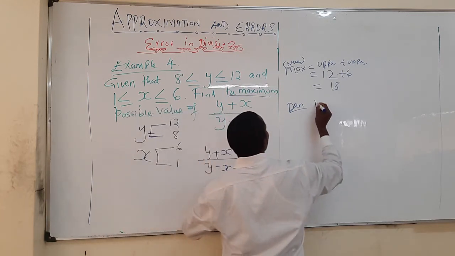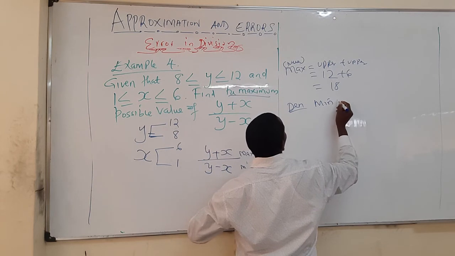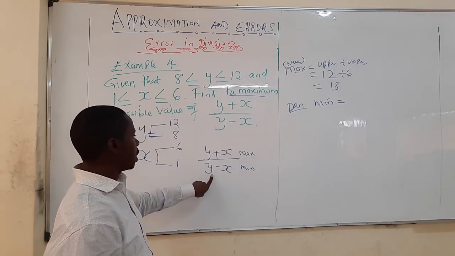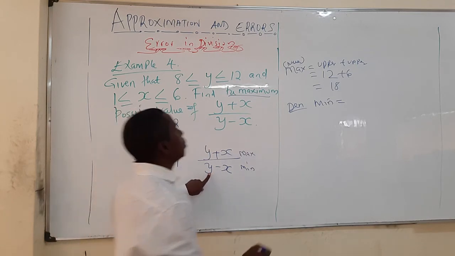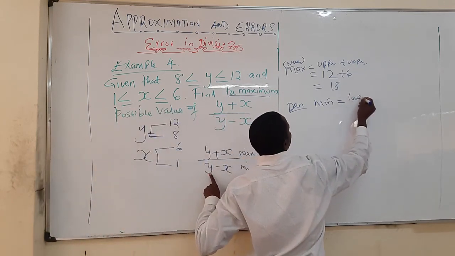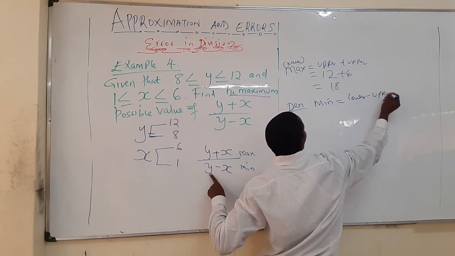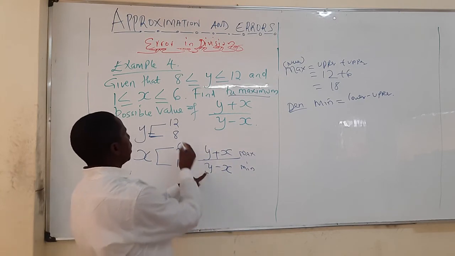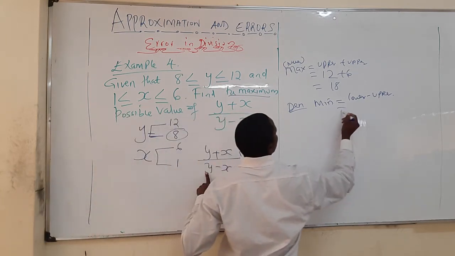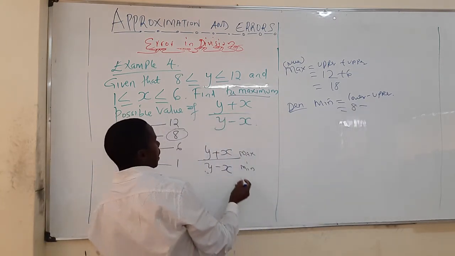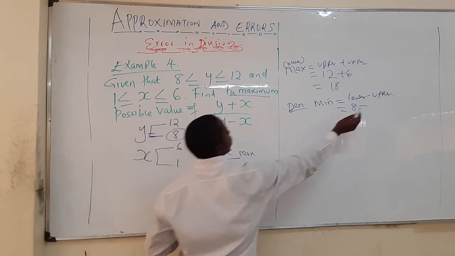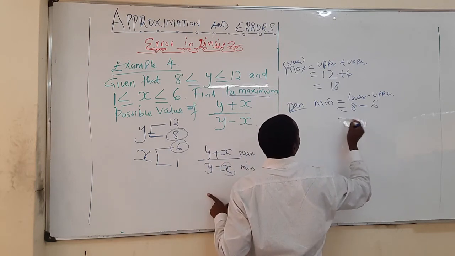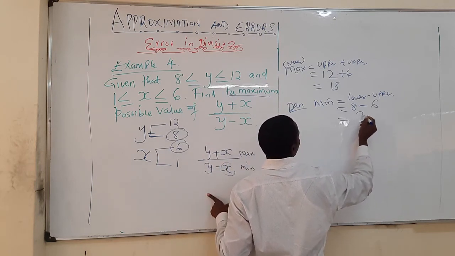The minimum value in subtraction, we get the lower limit minus the upper limit of the second number. So the lower limit of y is 8, and the upper limit of x is 6, and 8 minus 6 is 2.